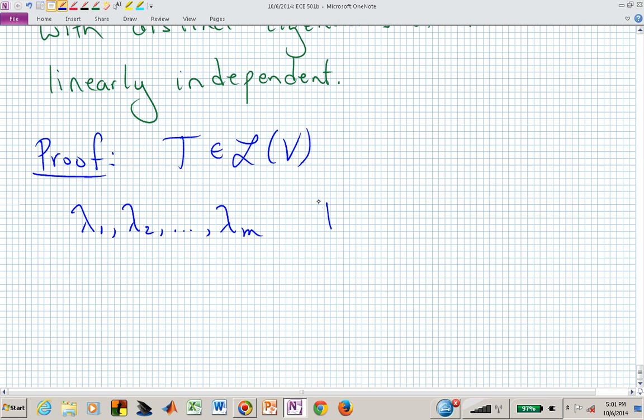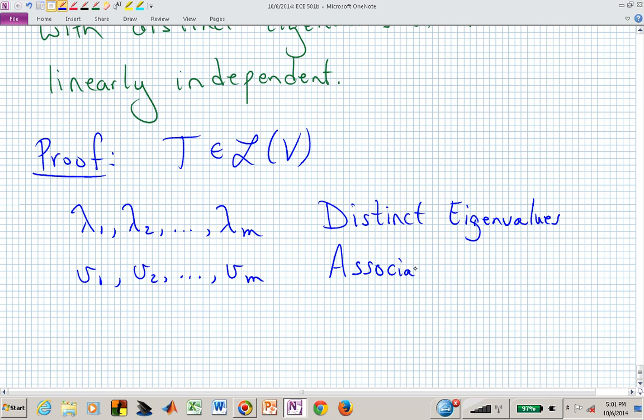So let's say we have m distinct eigenvalues, and let's assign the associated eigenvectors, v sub 1 through v sub m, to those eigenvalues.